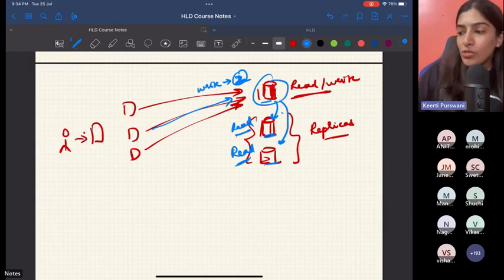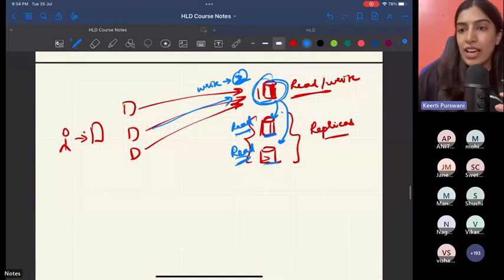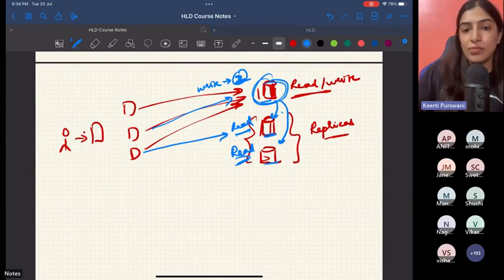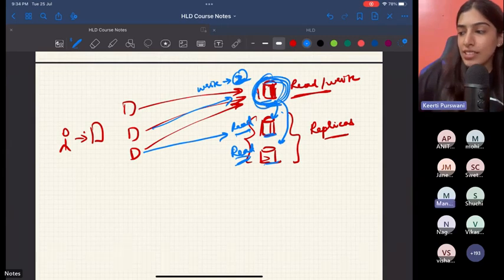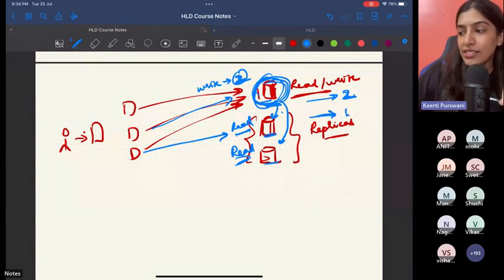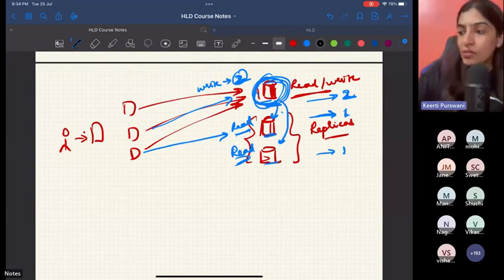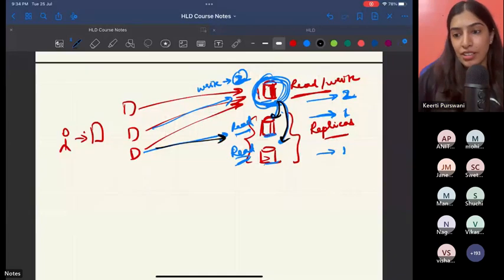Because these two can be used for reading, while the write was happening, or right after the write happened, a read request came to this particular database. Now the data in this database says the value is 2, but the data in both of these databases says the value is 1, because we were not able to replicate the data before the read request came.